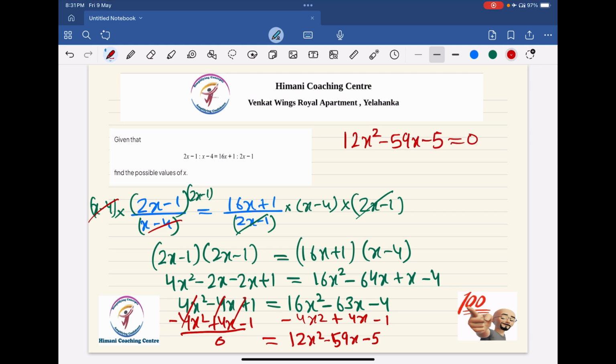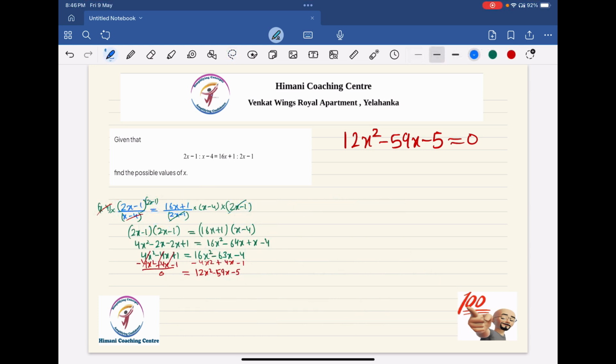Now we are going to solve this equation. Okay. Again, so now A is 12, B is minus of 59, and C is minus 5. So what would be x?